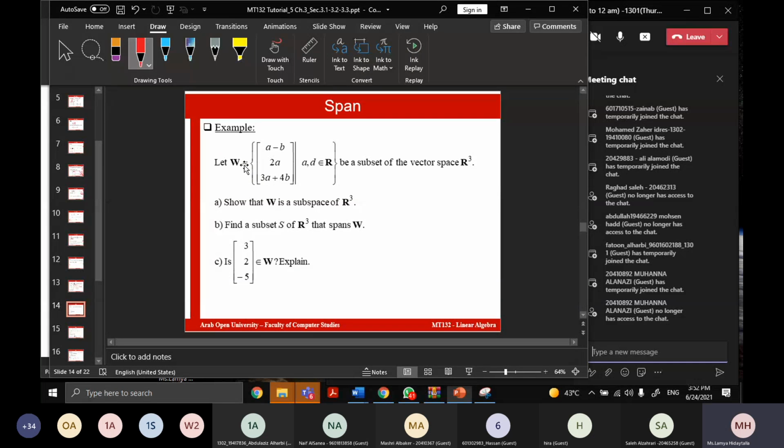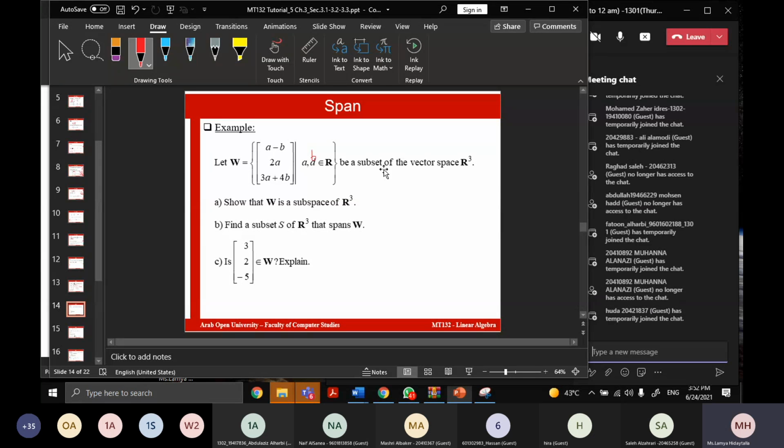Let W be equal to this set, where a and b belong to R. So W is a subset of the vector space R^3. We know the vector space has the standard operations; when I talk about the operations, I mean the standard ones.